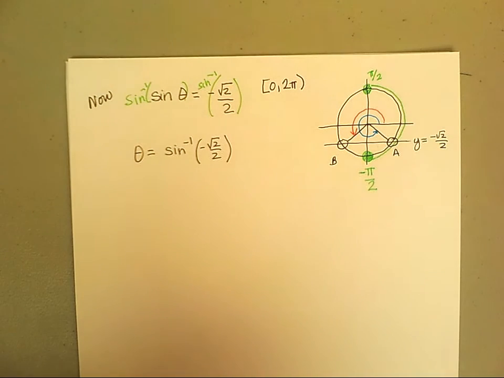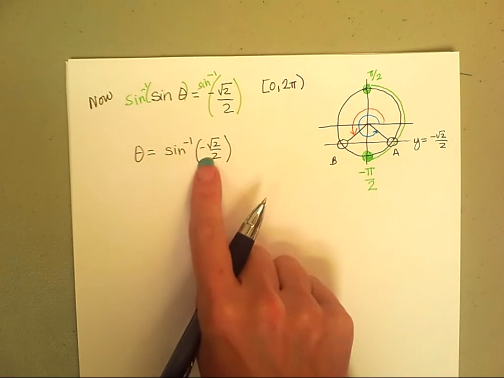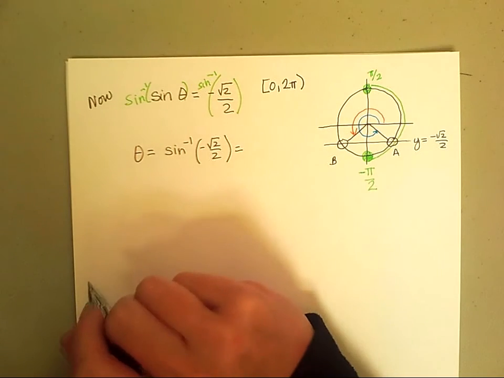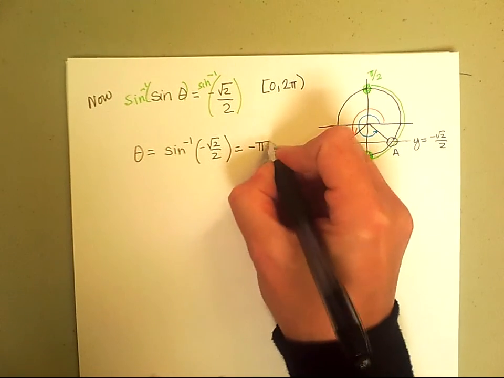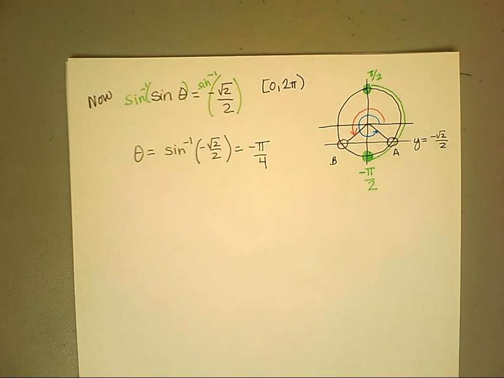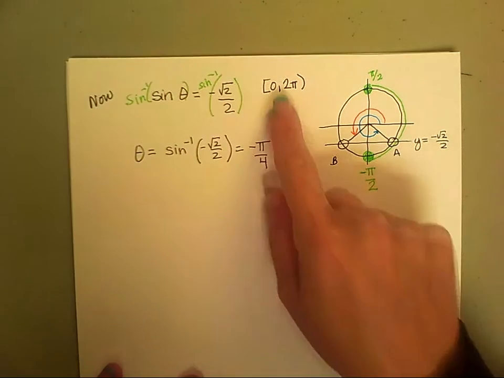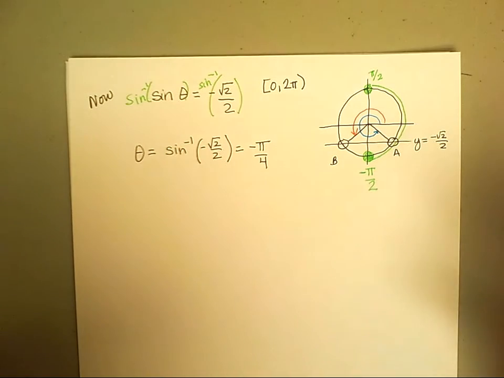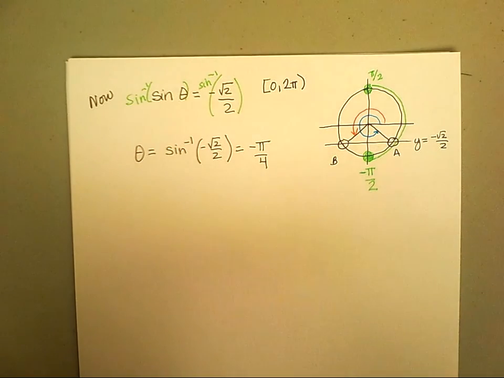That is, we are looking in the positive rotation. So the inverse sine of negative root 2 over 2 is actually equal to negative pi over 4. And that's not the angle we're looking for because we're not solving in the negatives, we're solving on a positive rotation.